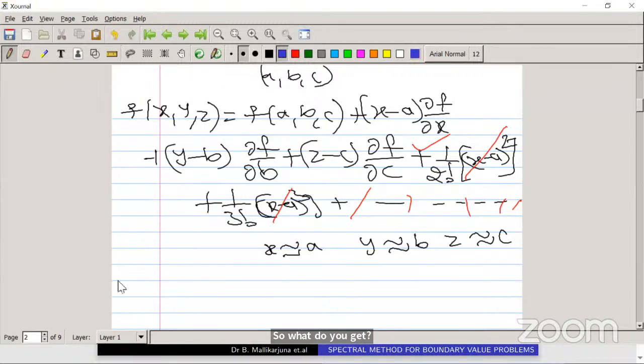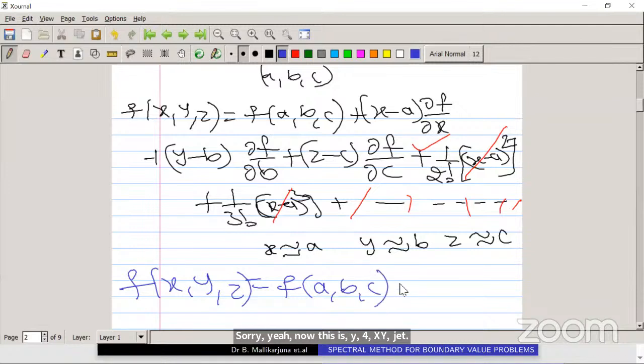Sorry. Yeah. Now this is f of x, y, z, a, b, c, which is nothing but the gradient of f dot product.